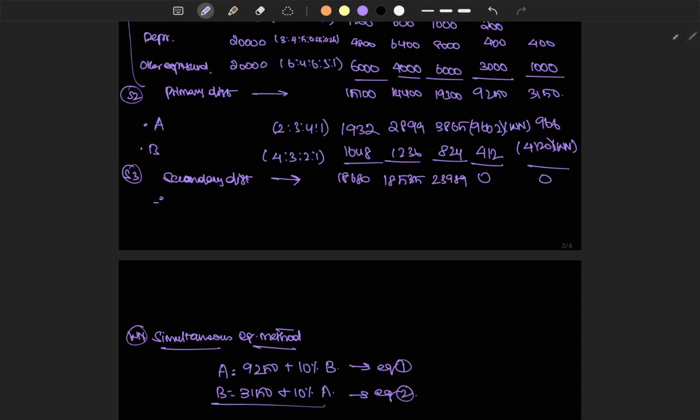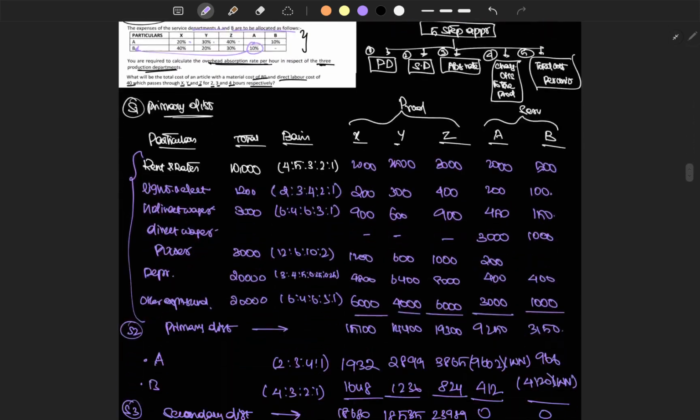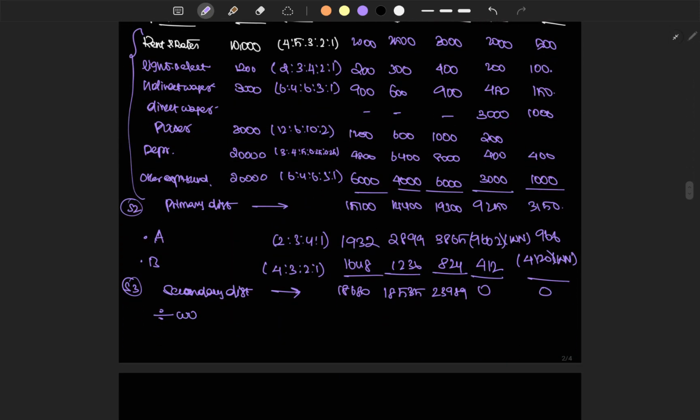Okay, now we are given the working hours. So we are going to find out the absorption rate per working hour.